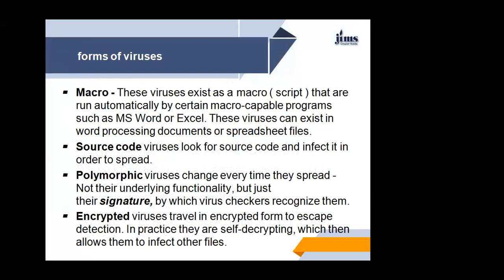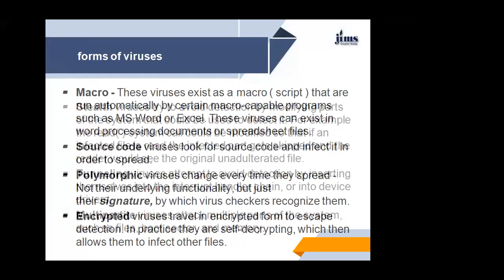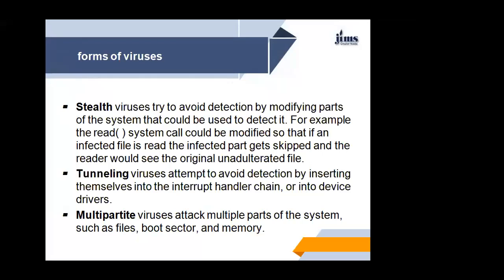In practice, they are self-decrypting, which then allows them to infect other files. Stealth viruses try to avoid detection by modifying parts of the system that could be used to detect it. For example, the read system call could be modified so that if an infected file is read, the infected part gets skipped and the reader would see the original unadulterated file.